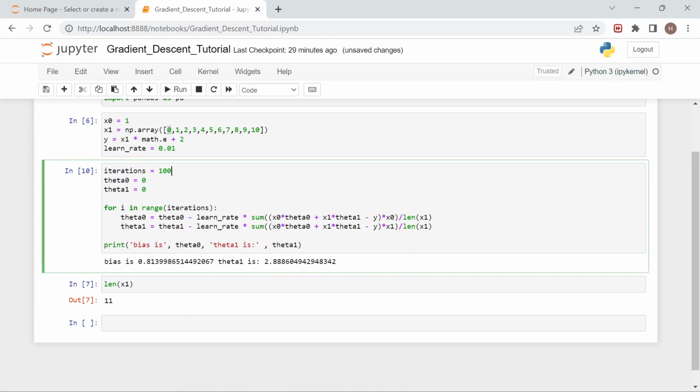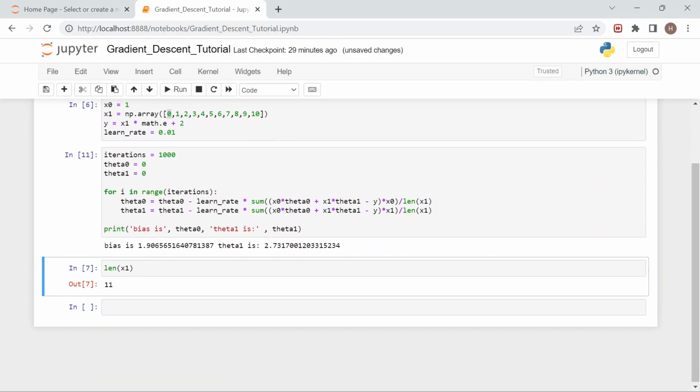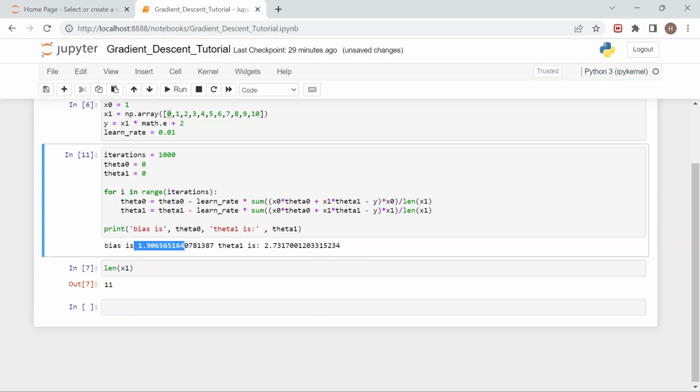Now let's increase the 100 to 1000 for better accuracy. So you can see it's saying our theta is this, our bias is this, and our theta is 2.713.